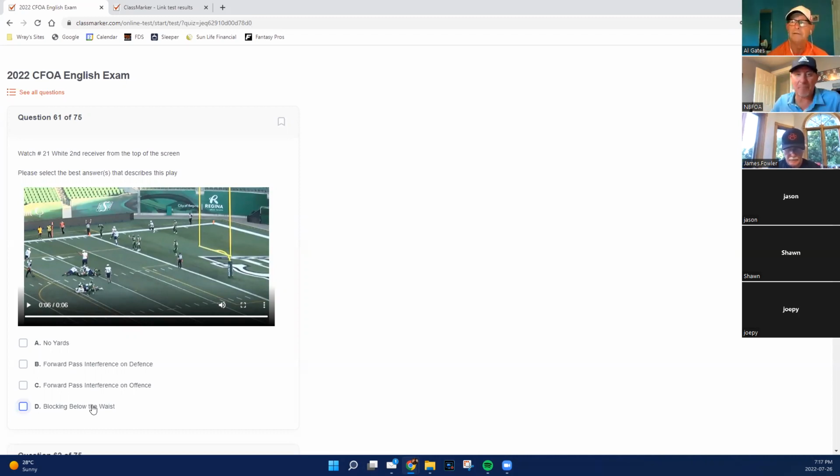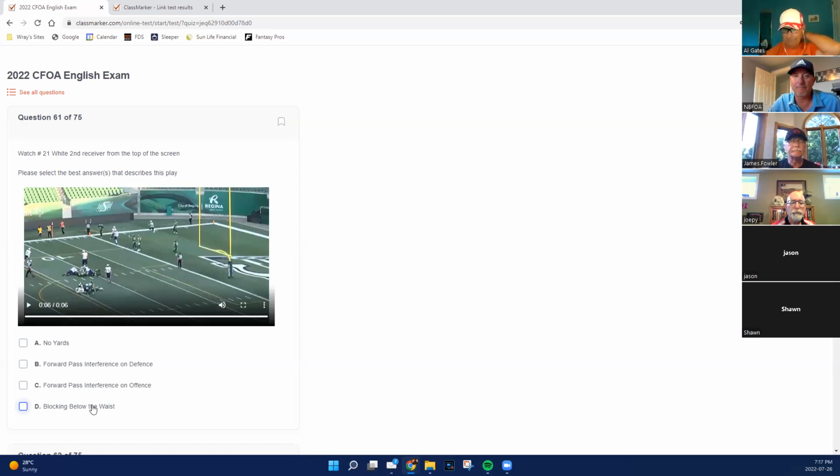So this I had as a big star on my sheet. It's got to be forward pass interference on the offense, is my thoughts when I wrote it. But right off the bat, I know I got to look for the ball first, so I've got illegal contact. But the correct answer on the exam is forward pass interference on the offense.